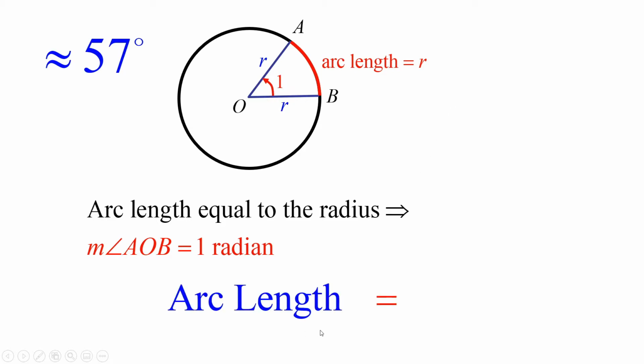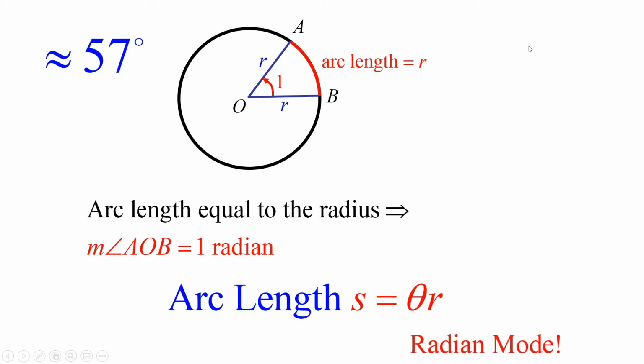So arc length will always equal, and we use an S for the arc length, will always equal my angle measure of the central angle, theta, times the radius of the circle r. And there's your first formula for arc length right there. All right. Now this works when our angle is in radians.